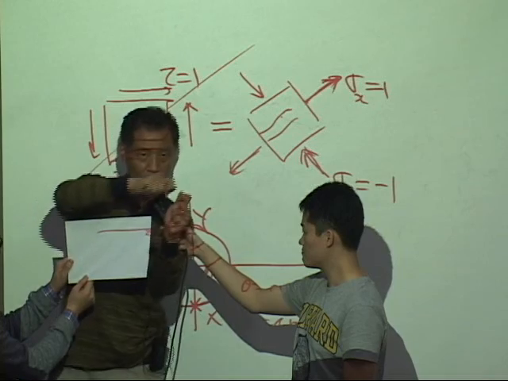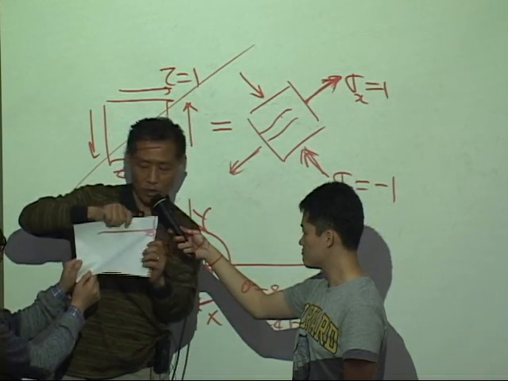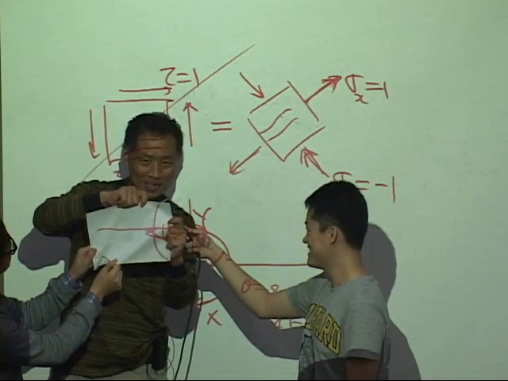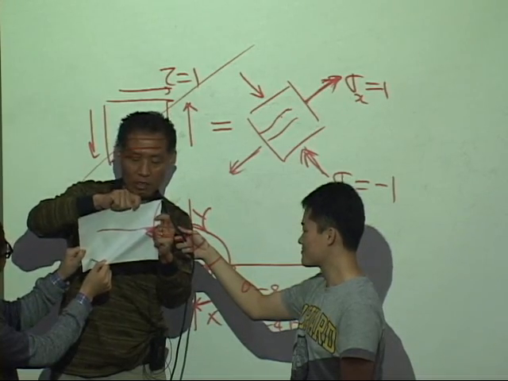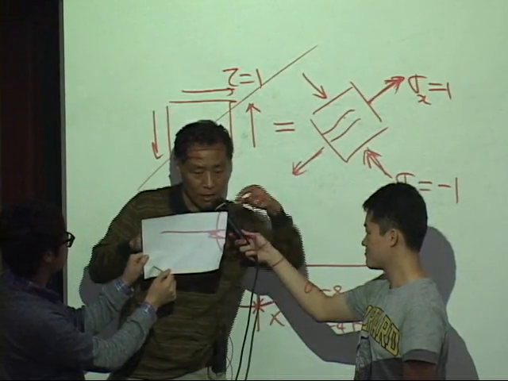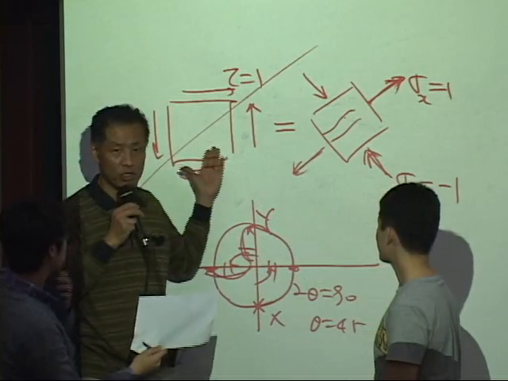I apply this way, and he applied that way, which is a shear. And as you can see here, the paper is broken. So the message I want to give you is that this way is compressive, and that way is tension. That is exactly the same as the pure shear.